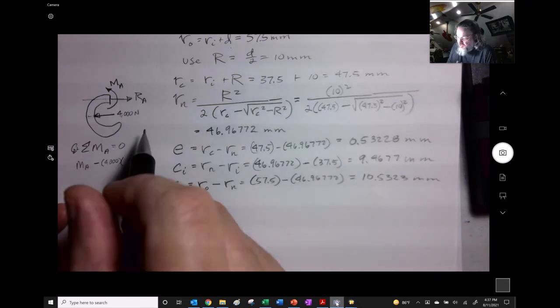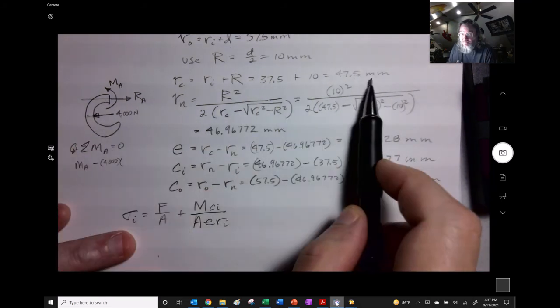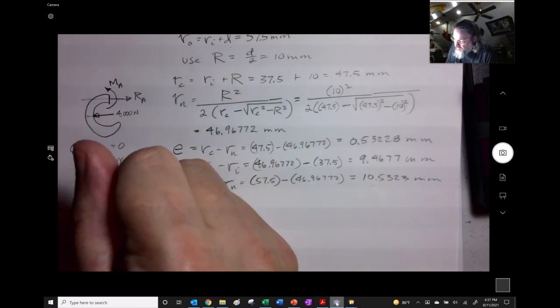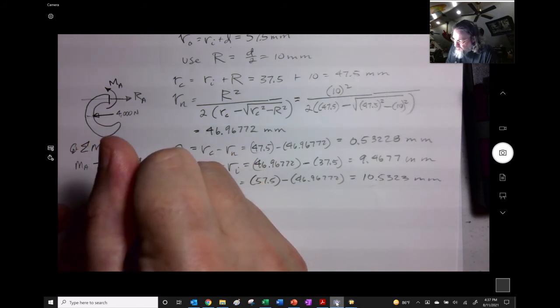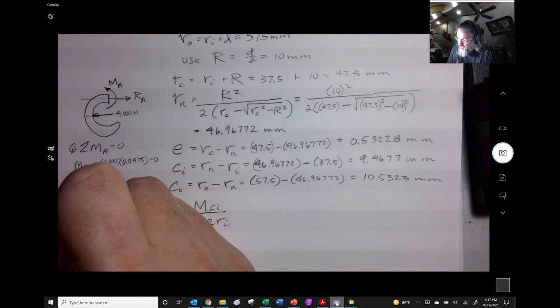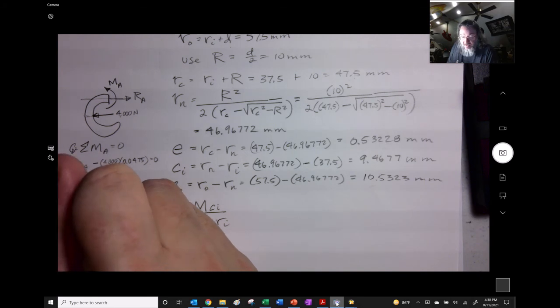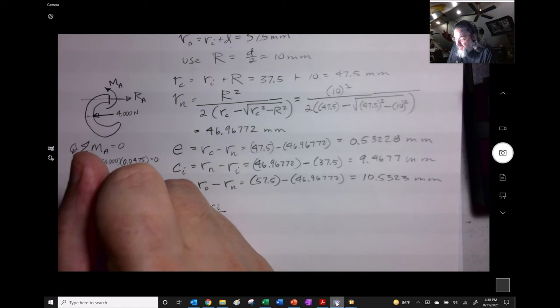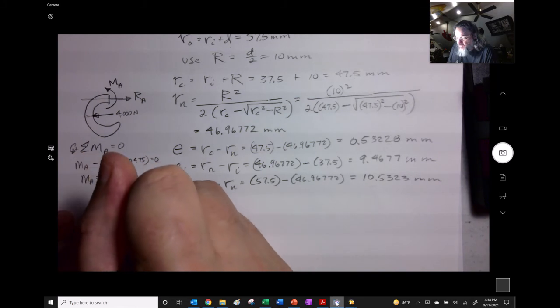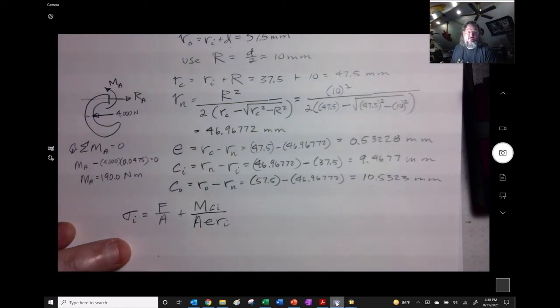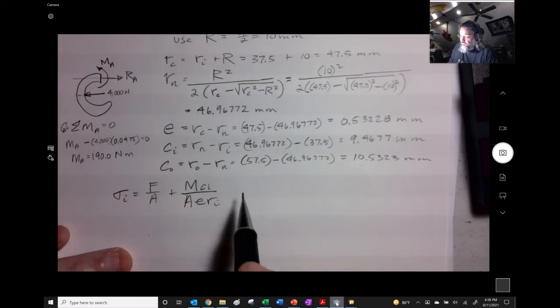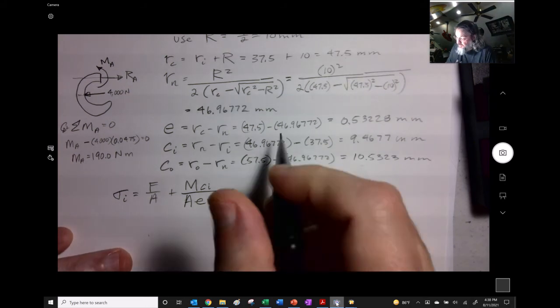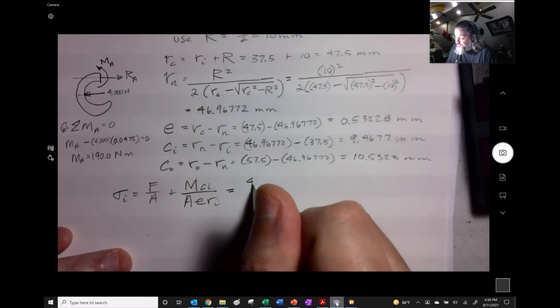I should have kept this as kilonewtons and this as millimeters, so they could have canceled each other out, but I already wrote it down. 475 right there equals 0. So we got MA is 190 newton meters. So we can go ahead and plug this in here. The force is 4,000.